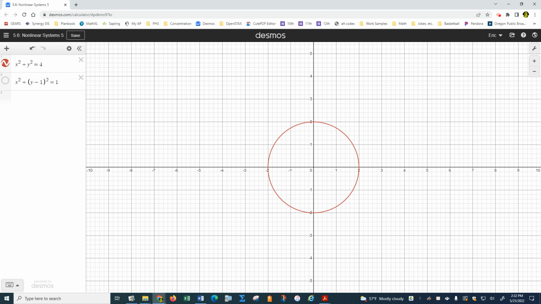Okay? How about the bottom one? That's going to be, think about your translations. That's going to be a circle of radius 1, but it's slid in the y direction. It's slid up by 1.